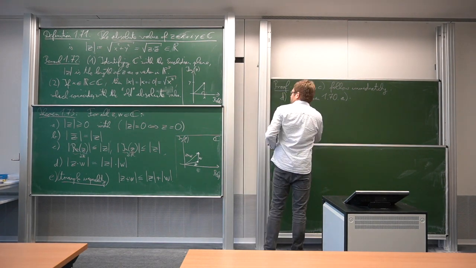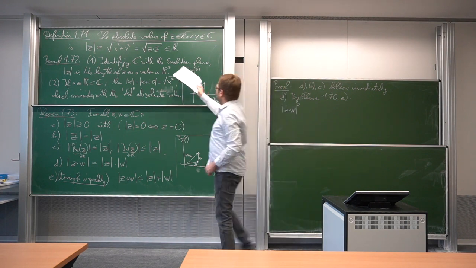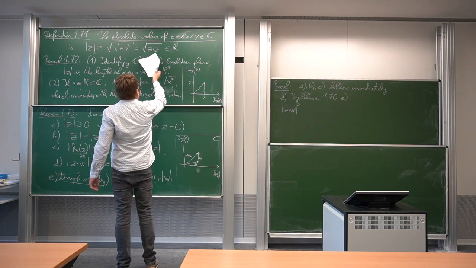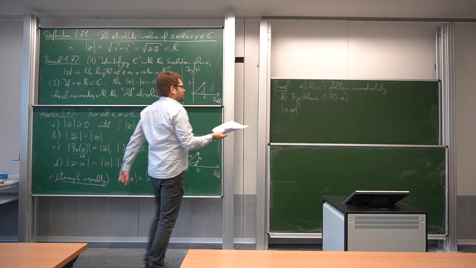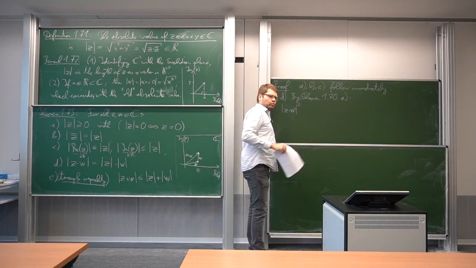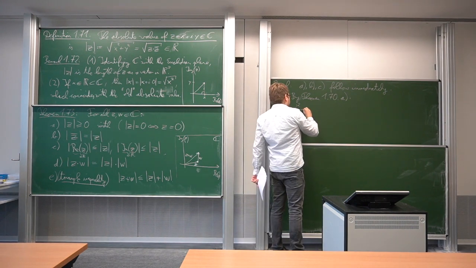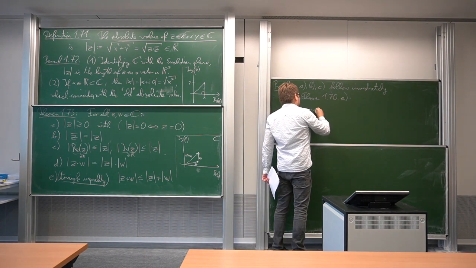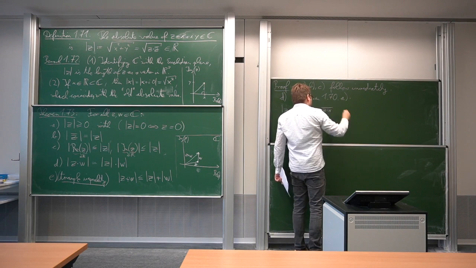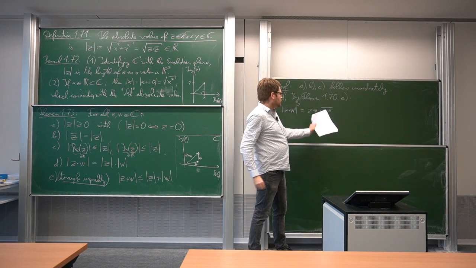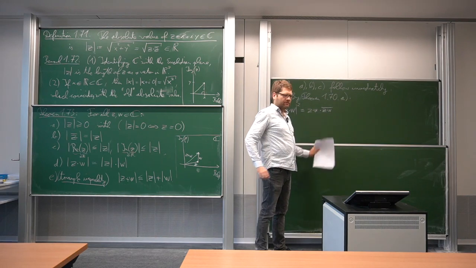I have said that we can now use this fancy formula here, so that we can write this as the square root of z times z bar. And this we want to apply here. Since we square, there's no root involved. This would then be z times w times the conjugate of z times w. And this is now theorem 170a, which said that the conjugate of a product is the product of the conjugates.